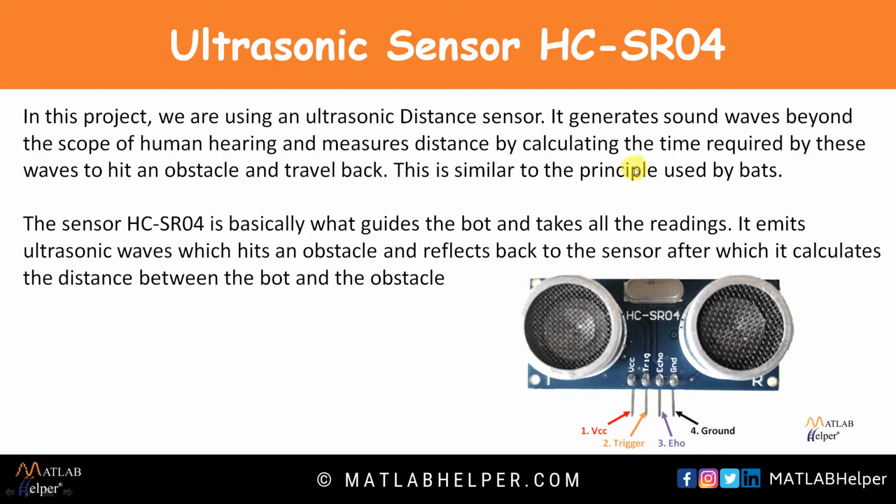This is a similar principle to that used by bats. The sensor HCSR04 is what guides the bot and takes all the readings. It emits ultrasonic waves which hit an obstacle and reflect back to the sensor, after which it calculates the distance between the bot and the obstacle. As you can see, this is an emitter and this is a receiver. This is the ultrasonic sensor HCSR04 that we will be using in this project.